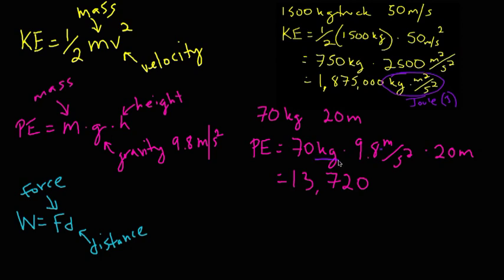Kilograms, meters, and notice the meters multiply through, so that's going to turn into meters squared over second squared. Same thing as up here. And so we could just say that this potential energy is 13,720 joules. That's our energy unit there. Okay, so that's how you calculate the potential energy of an object.